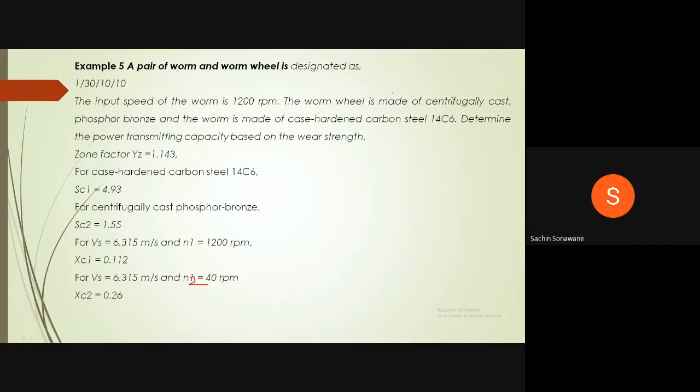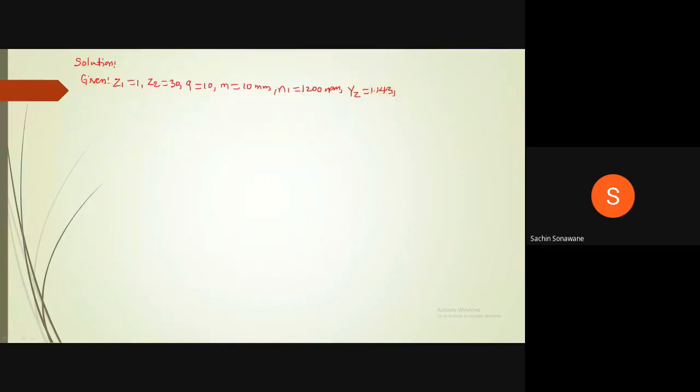Then SC1 is equal to 4.93, SC2 is equal to 1.55, then XC1 is equal to 0.112, XC2 is equal to 0.26.